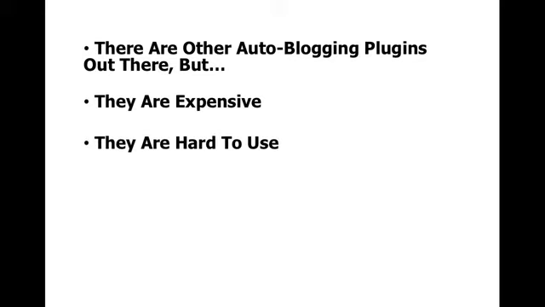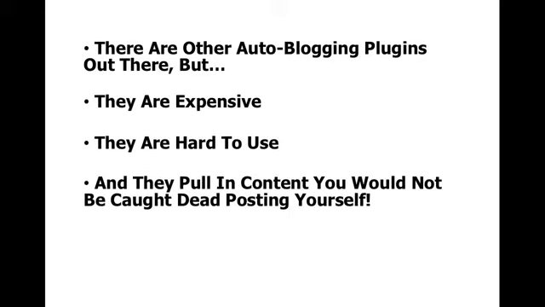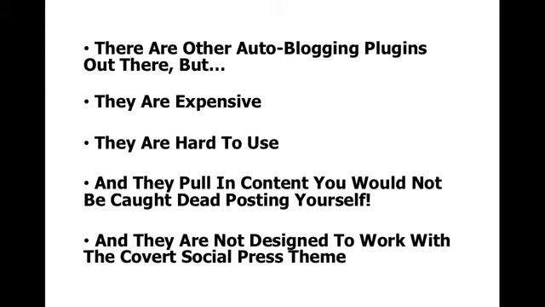There are of course other auto blogging plugins out there, but they are usually quite expensive and very hard to use. And many of them pull in content you would not be caught dead posting yourself. And they're also not designed to work with the Covert Social Press theme, and that can usually cause some problems. On the other hand, Covert Social Content is super easy to use, as you just saw.